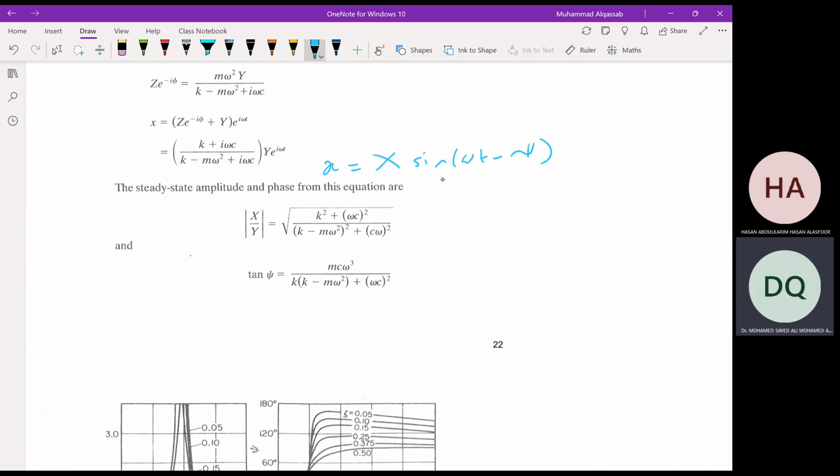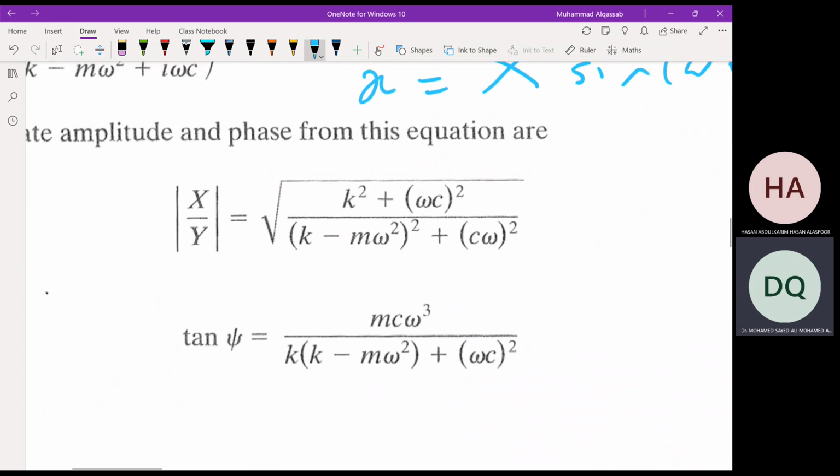Where the capital X is the amplitude of vibration of the mass, the absolute. Z is the relative. X is the absolute measured from a fixed reference. So we get the amplitude ratio X over Y equal to the square root of k squared plus (omega c) squared, divided by (k minus m omega squared) squared plus (c omega) squared.